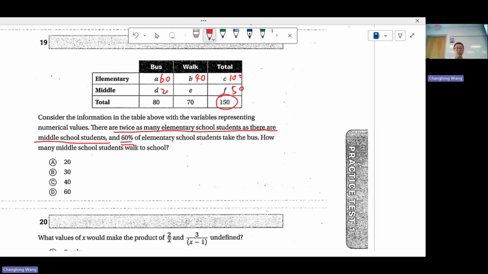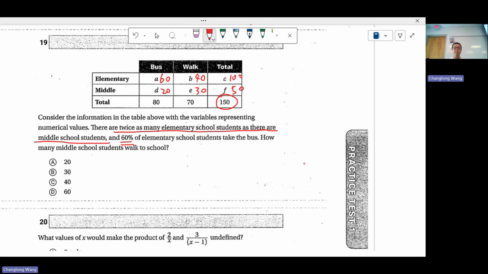That means there must be 20 middle school students, right? Okay, now we can figure out how many middle school students are walking to school. Total 50 middle school students. 20 of them by bus, 30 of them by walk, right? That's all. So it's very logical.